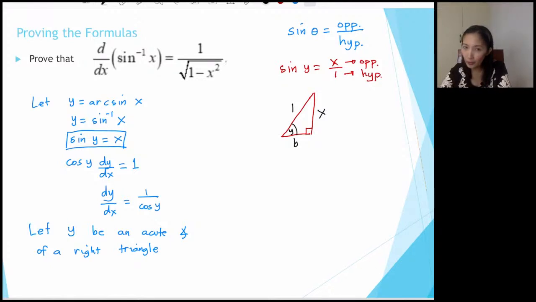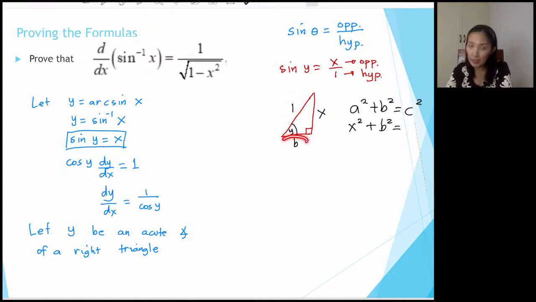What's our a here? A referring to the altitude, let this be x squared, plus b squared is equal to our hypotenuse, which is 1 squared. What are we looking for? B. So b squared must be equal to 1 minus x squared.